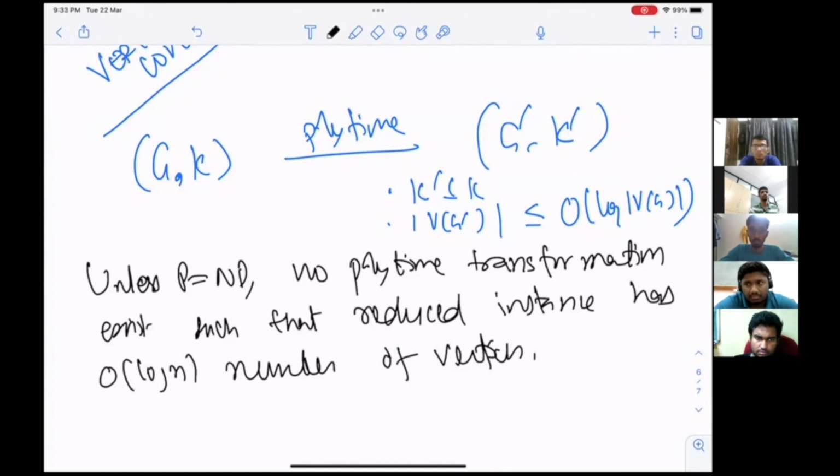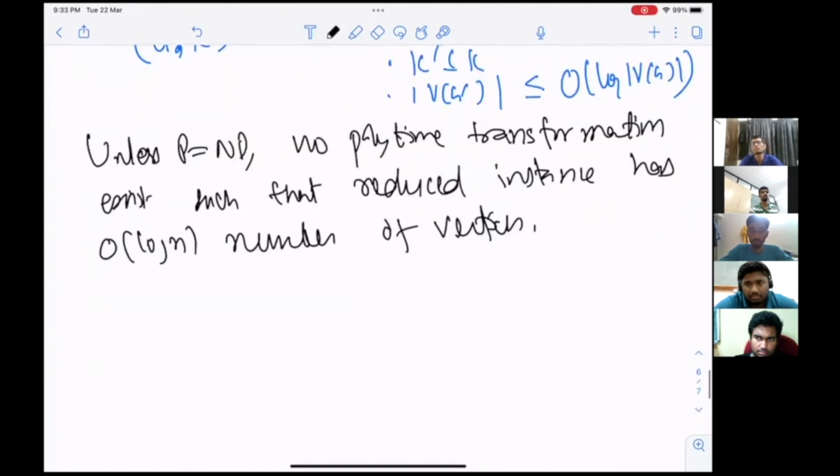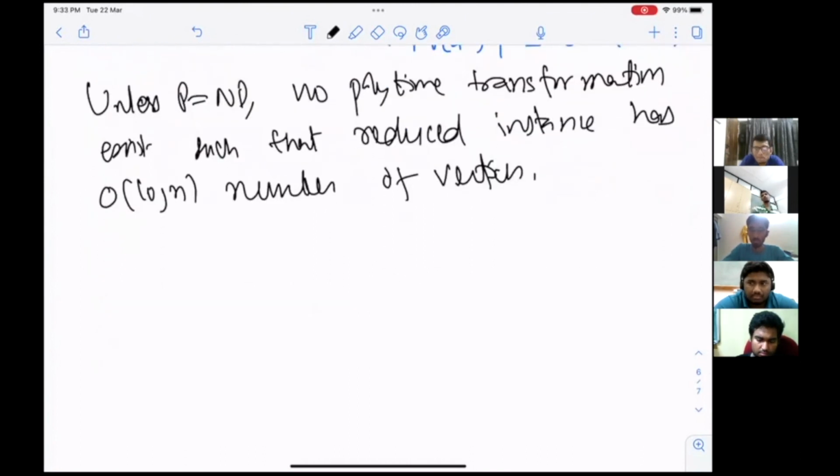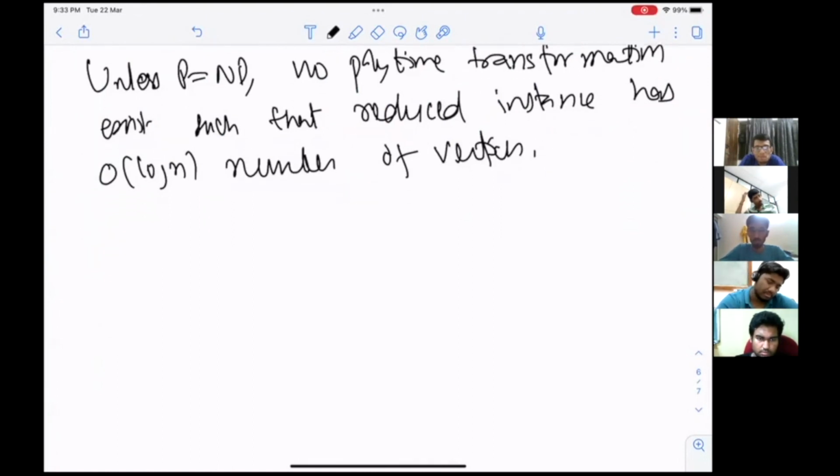Okay. So for vertex cover, let us see. Let's talk only in terms of the number of vertices, because that itself seems to give us something very interesting. So here is a world.